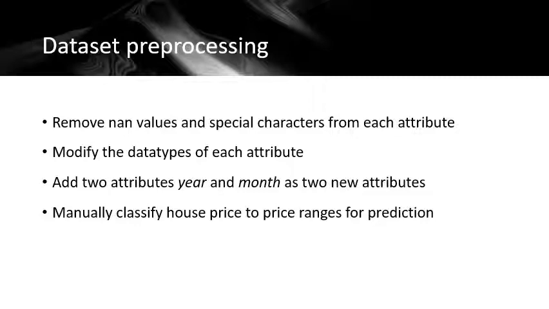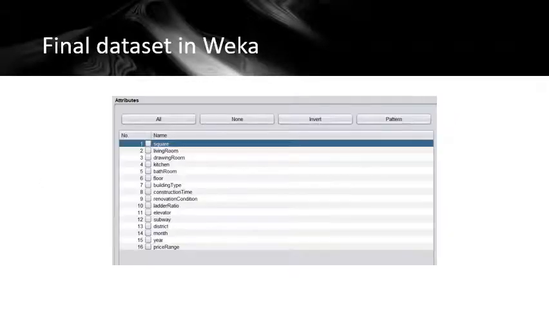And then we add 2 attributes, year and month, by dividing the trade time into 2 attributes, because we believe that year and month have different influences on the final house price. And then we manually classify the house price into different price ranges for easier classification, and we finally have 7 ranges. 16 attributes are left after all of the pre-processing, and those attributes are listed in this table.